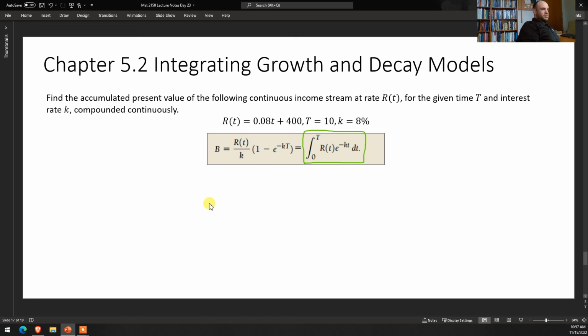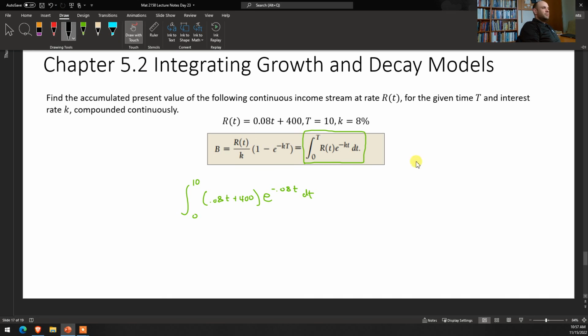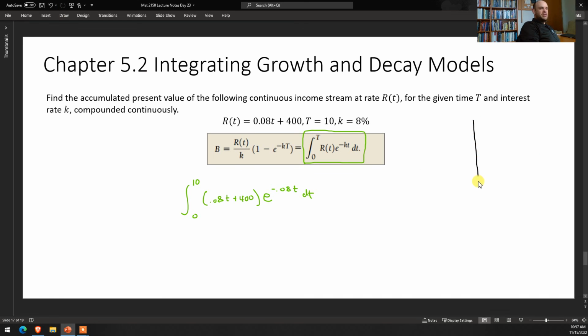So now we take our integral. Our t is 10 years. R of t is 0.08 t plus 400 times e raised to the negative 0.08 t, and we integrate with respect to t. Here I'm going to organize our integration by parts with the chart method.